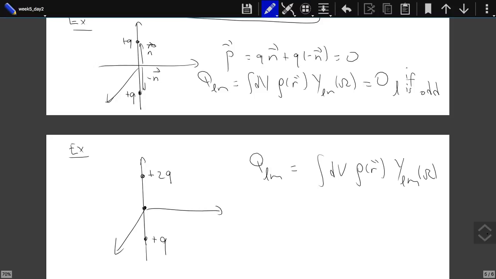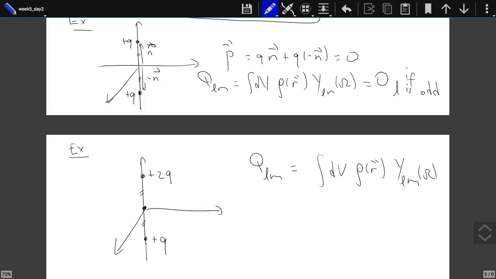I mean, do you accept the result just because I'm telling it? Maybe here if we put the origin at the center of charge, it will be zero. In this one? What is center of charge? Not the same distance.